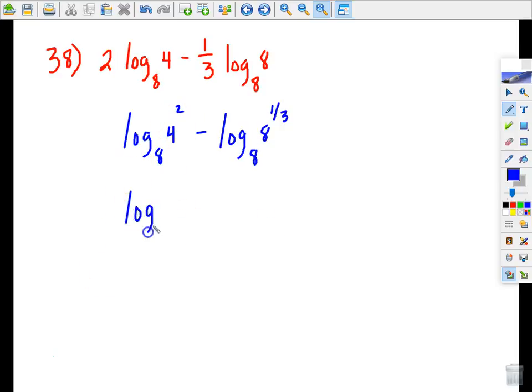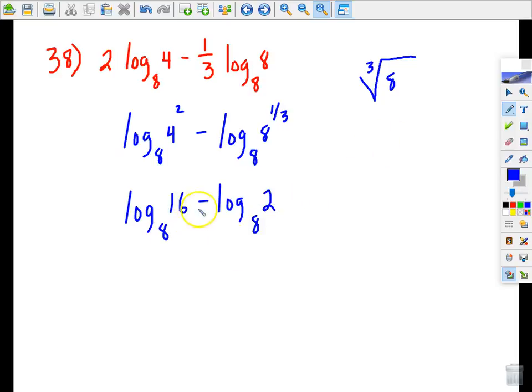This is log base 8 of 16, and this is log base 8. Now, I know I told you earlier that you could just call this 1/3, but what is 8 to the 1/3 power? Well, that's another way of saying the cube root of 8, which is 2.